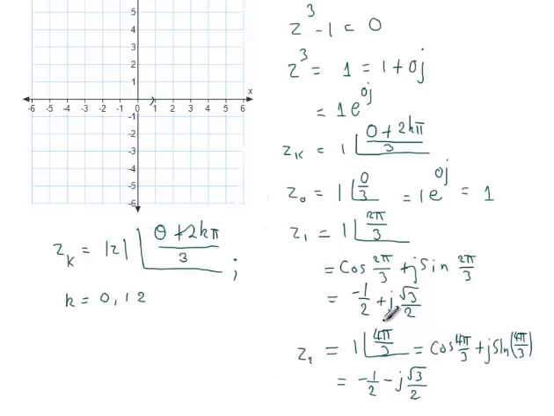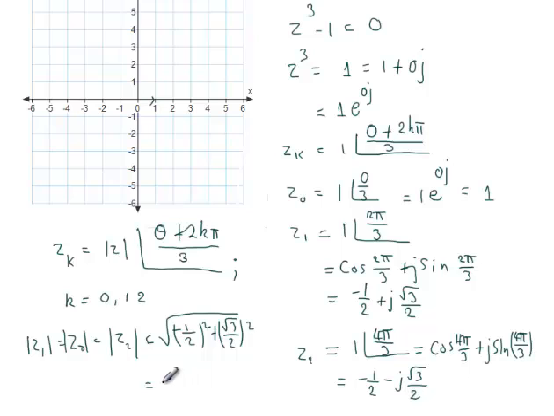Now, I think what you can do again, you can check these numbers. Absolute value of Z1, absolute value of Z0, absolute value of Z2. Let's use the absolute value of Z2 here. It will be square root of minus half squared plus square root of 3 over 2 squared.